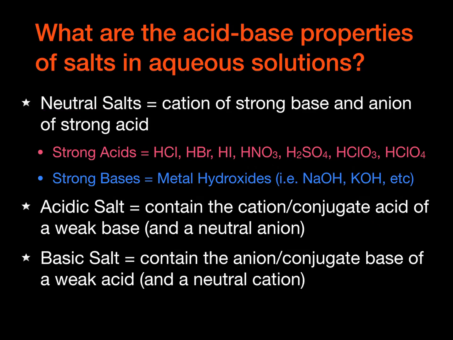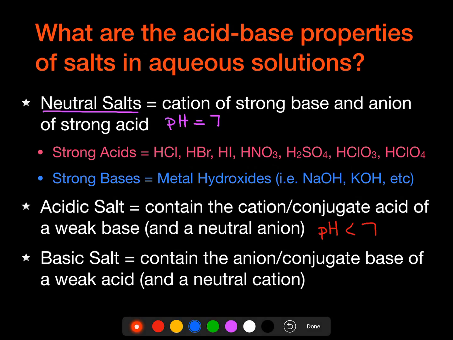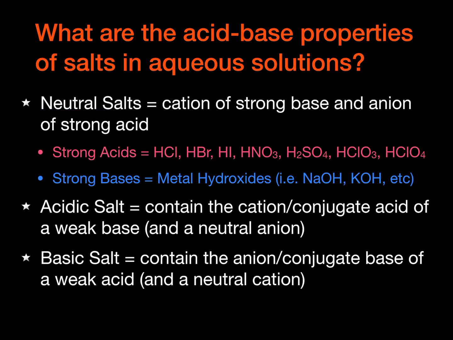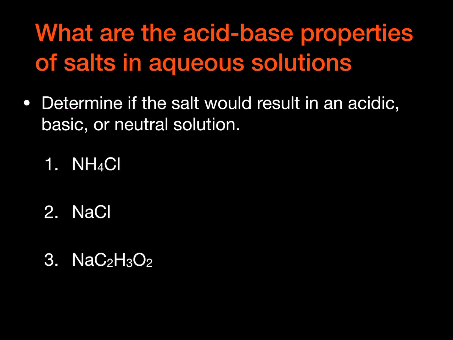And then we can also have a basic salt, and that's going to contain the anion, or the conjugate base, of a weak acid and a neutral cation. That one's going to have a pH greater than 7. And so we can do some analysis and determine if a salt would result in an acidic, a basic, or a neutral solution.